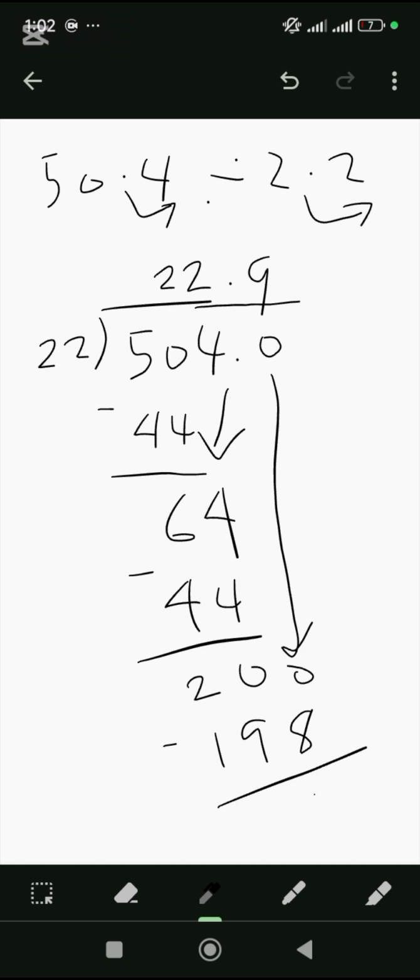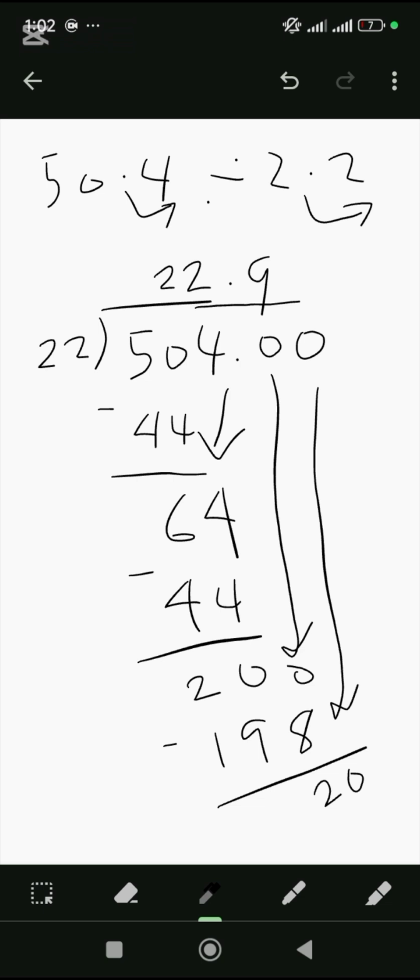Okay. This will give you 2. And because it gives you 2, 2 is less than 22. And so you can have another 0 here, which you can bring down. And this is 20. 20 is also still less than this.